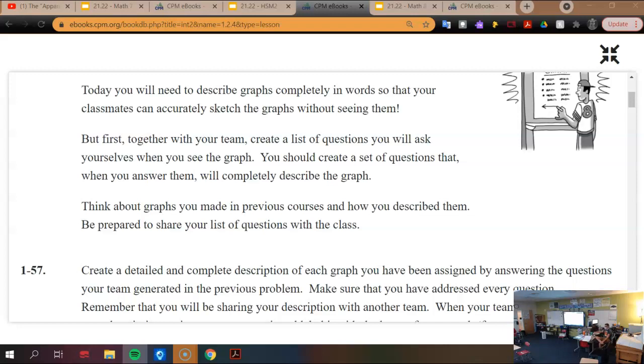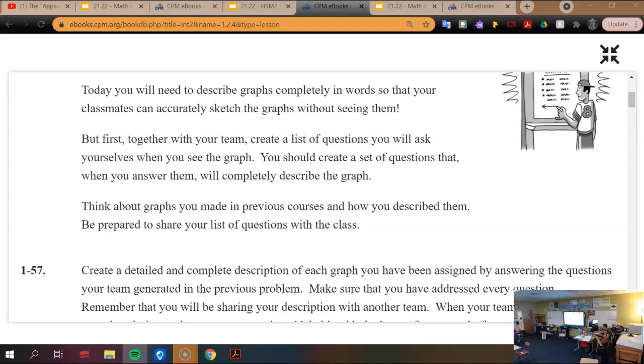Remember, there are also step functions, exponential functions, and linear functions that we talk about. So we know it's a function. We know it's discrete. We know it's not a parabola.